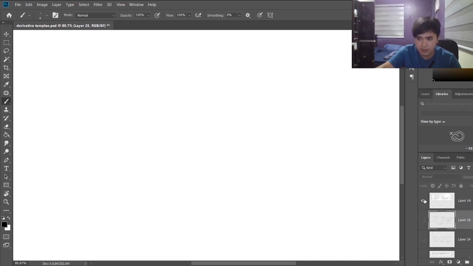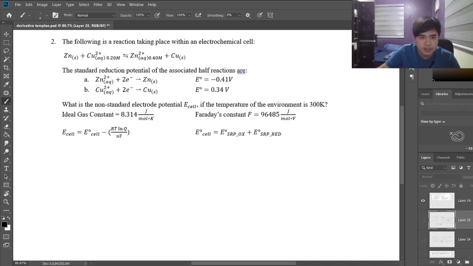All right, next question. Number 2. The following is a reaction taking place within an electrochemical cell. Solid zinc plus aqueous copper ions, which is 0.20 molar, is the reaction, and then aqueous zinc ions, which is 0.40 molar, plus solid, or metallic, copper.